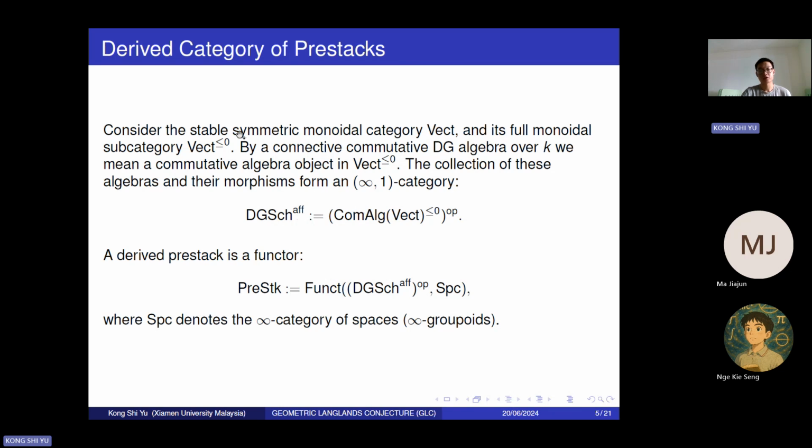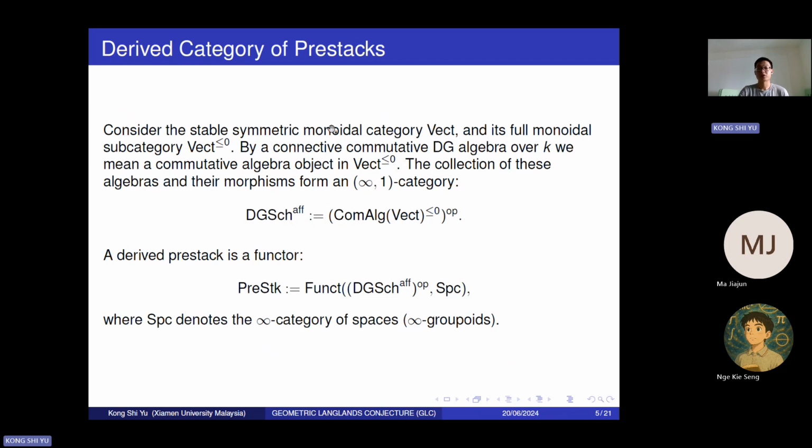They consider the stable symmetric monoidal category of vector spaces, and its full monoidal subcategory of objects less than or equal to 0.